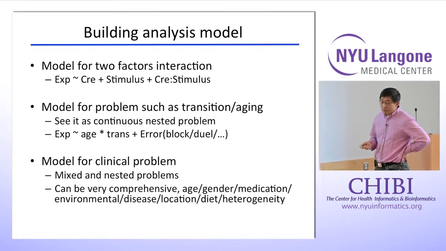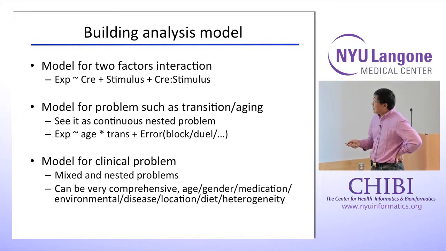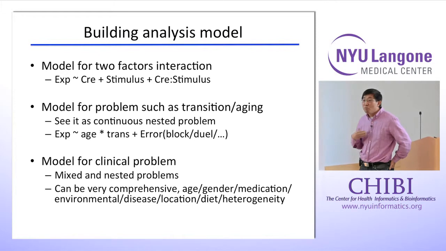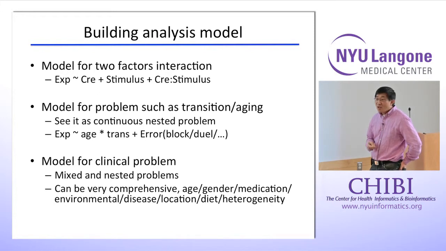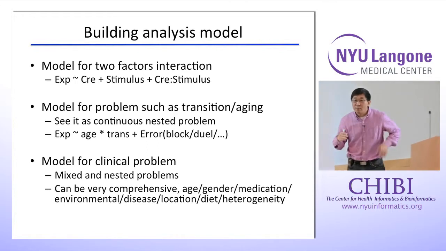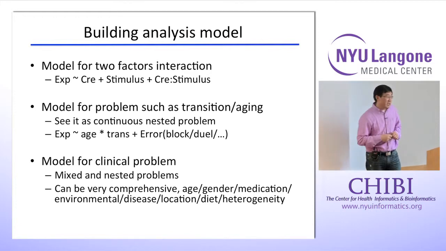And in clinical situations, there are many different things that need to be taken care of, with many different factors involved. For example, when a patient comes in for some disease, you don't even know if this patient smokes a lot or drinks and has some other things really involved.